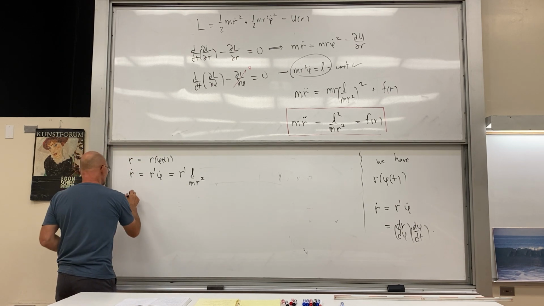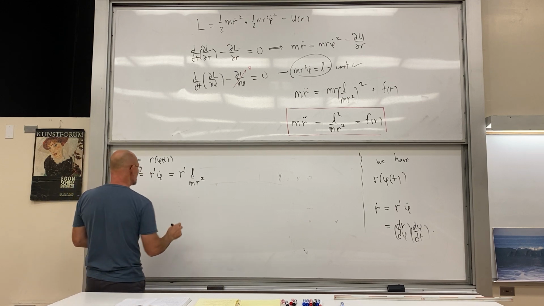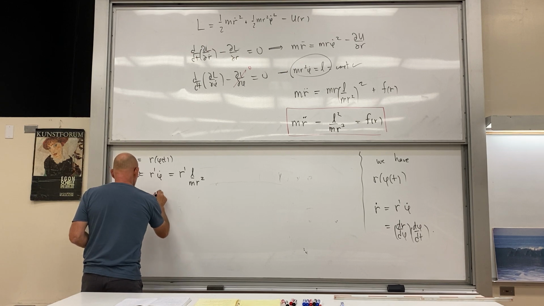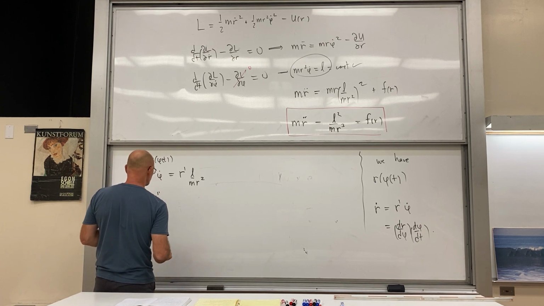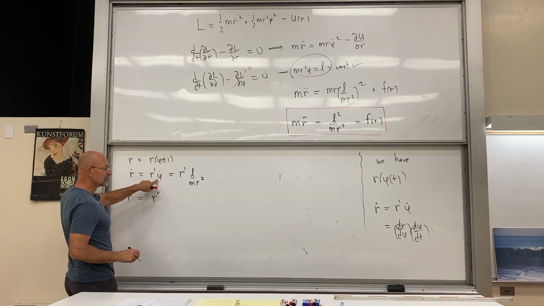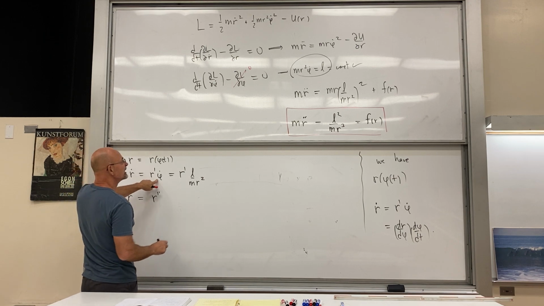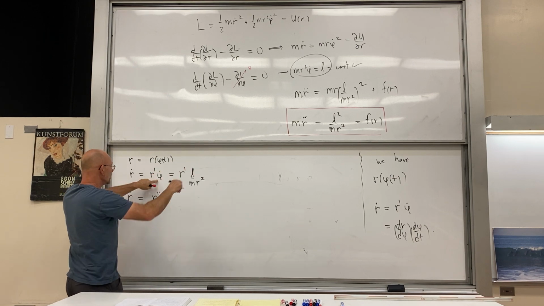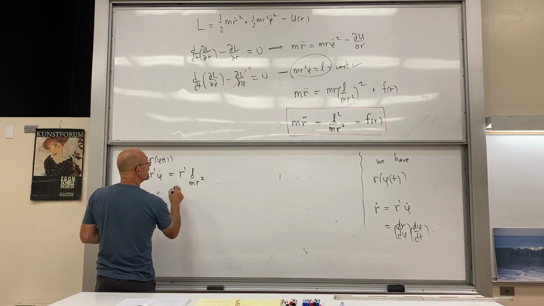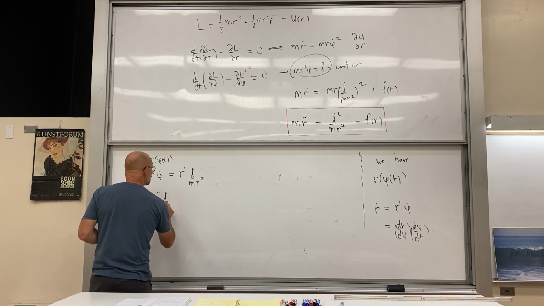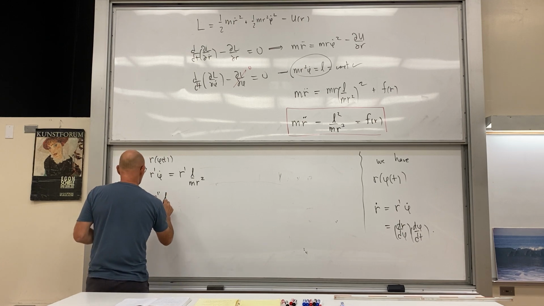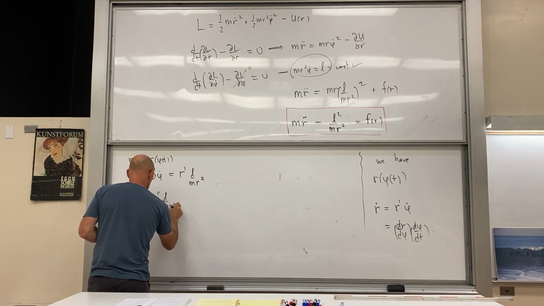So now when we take the second time derivative, gotta be careful here, we get an r double prime and a phi dot again as an inner derivative. The phi dot is L over m r squared, so we end up with L over m r squared.